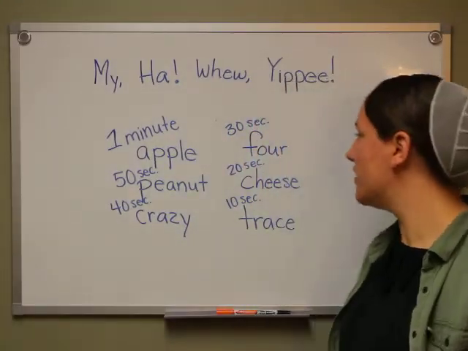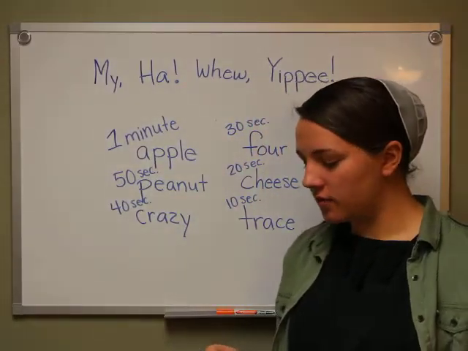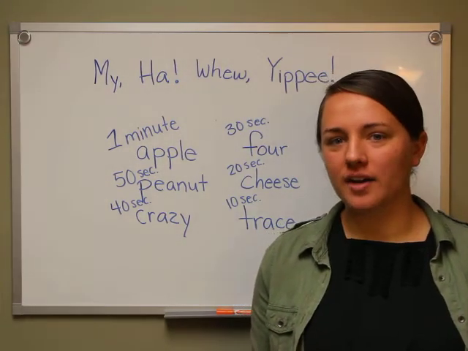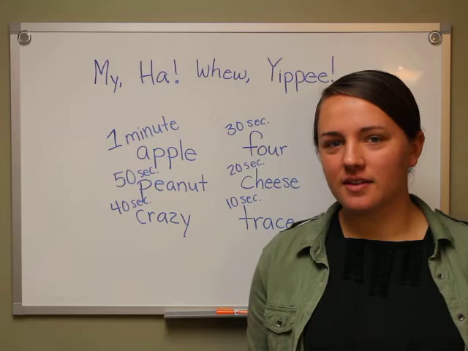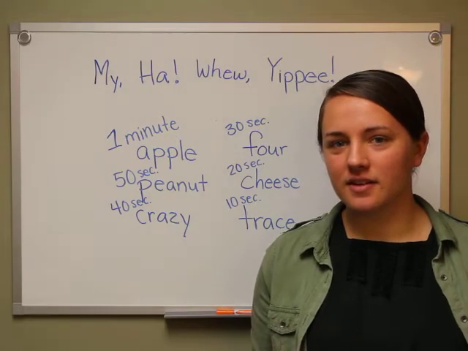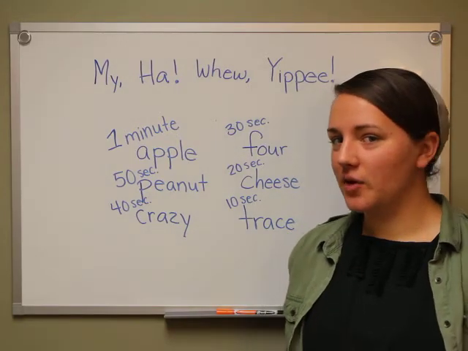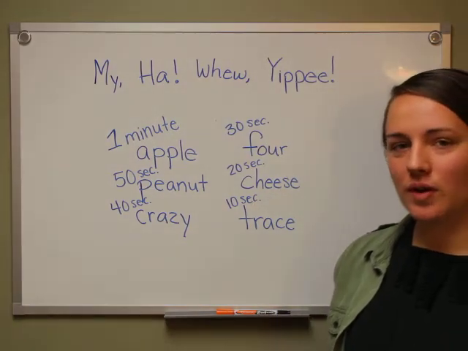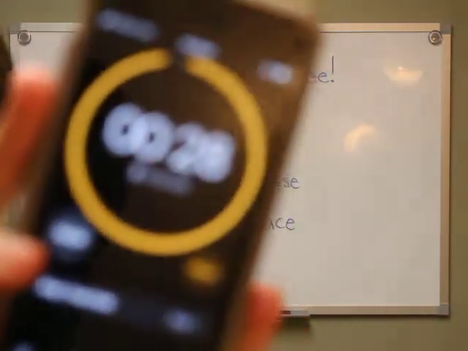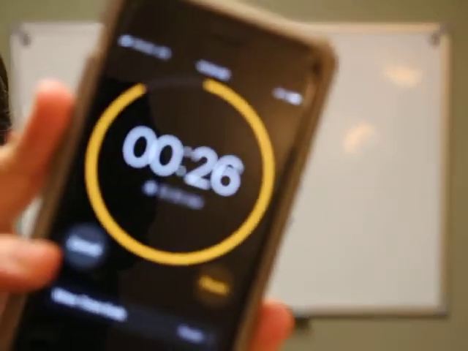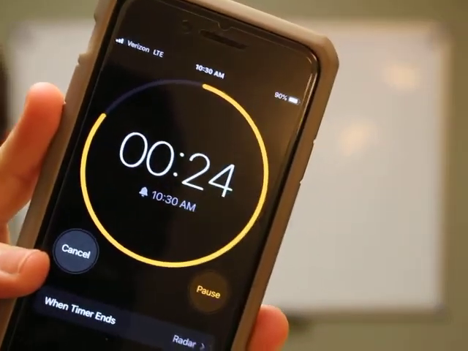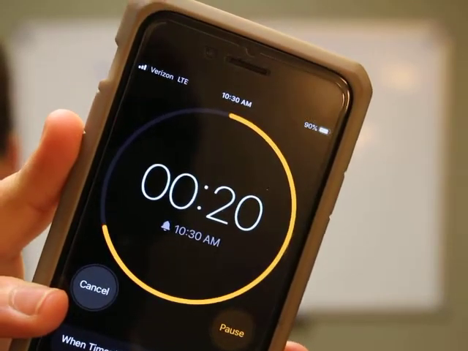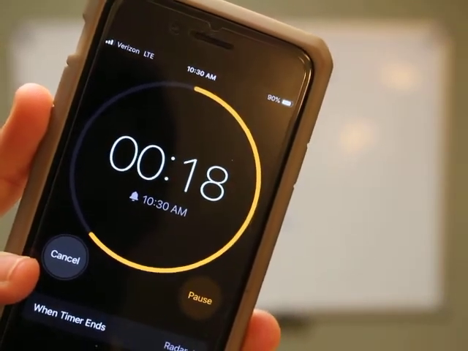Okay, you have 30 seconds to find 4. Close your dictionary. And this is a lot quicker, but just do the best you can. Ready? 1, 2, 3, go. Oh, did you?